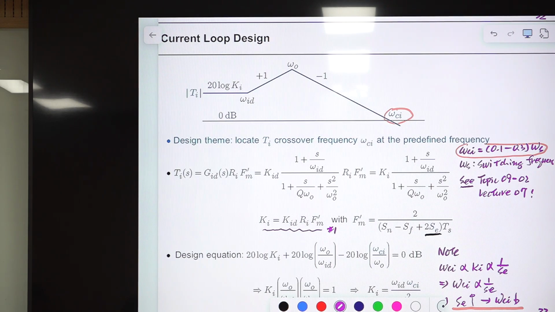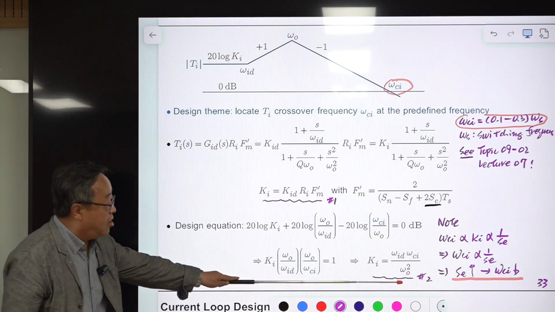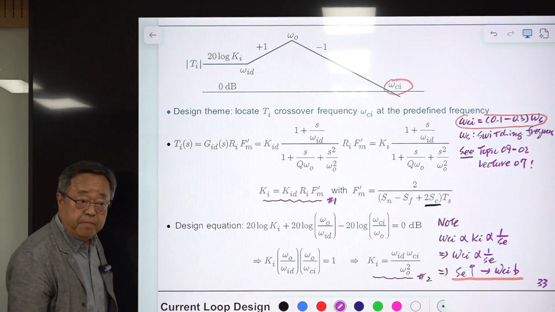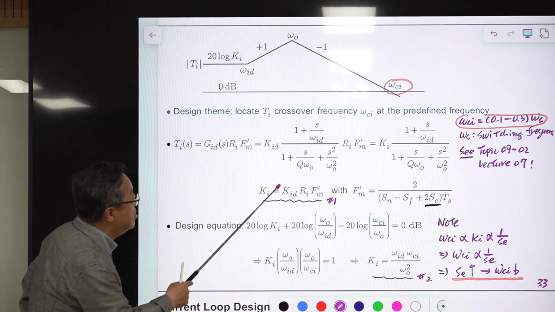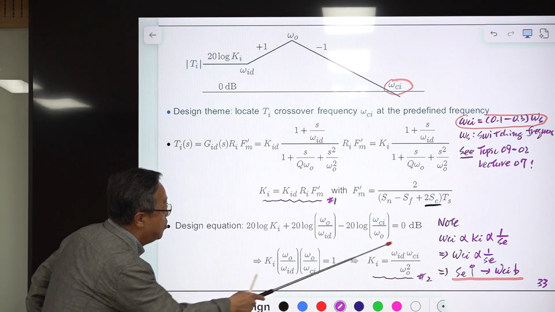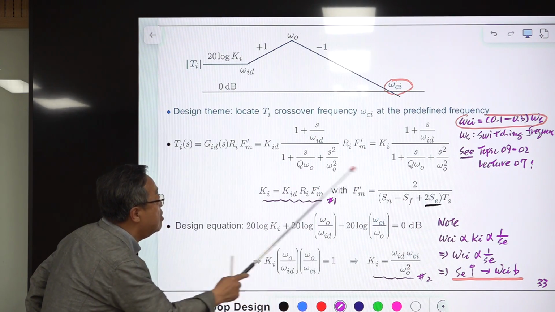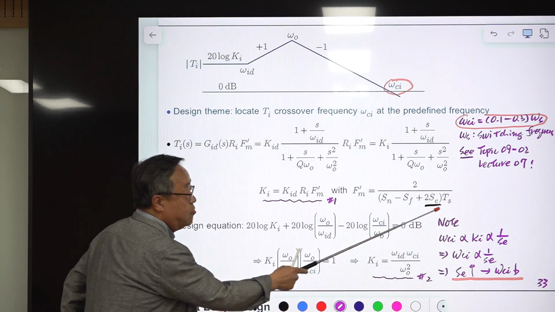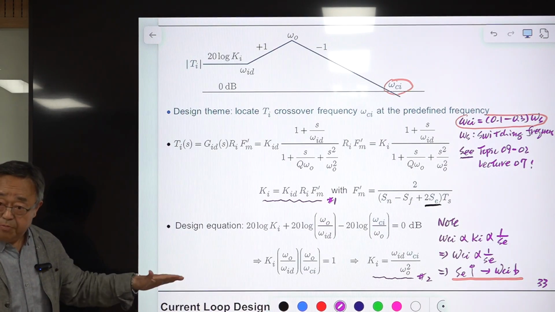You can easily convert these into linear scale, and this is the equation determining this and this. Okay, so you have two equations for the same Ki. Then you can equate this one, number 1 and number 2. So if omega Ci is determined, Fm prime will be determined, then automatically this one will be determined. Okay? So current loop design is so simple.